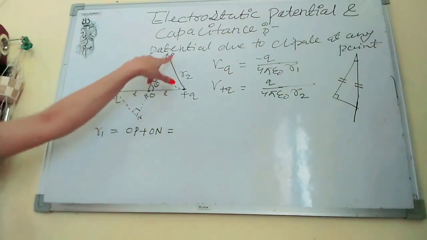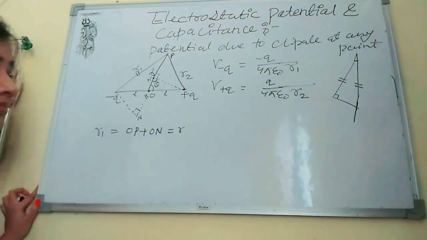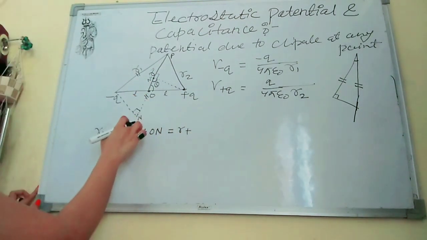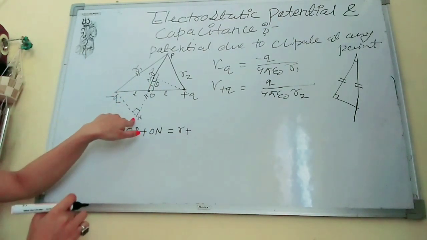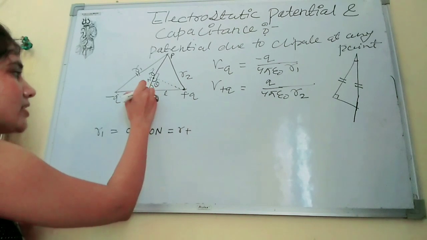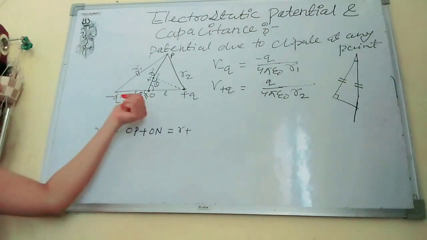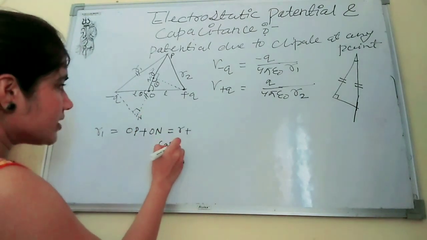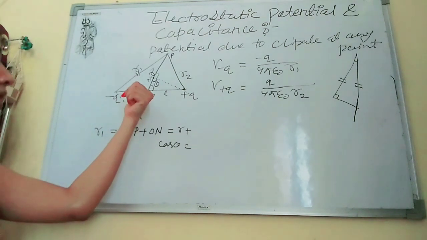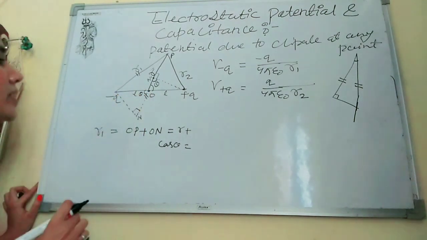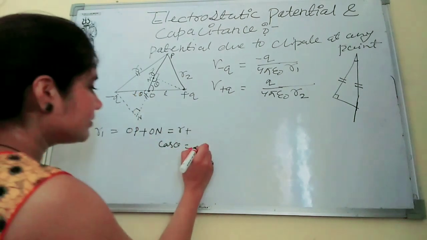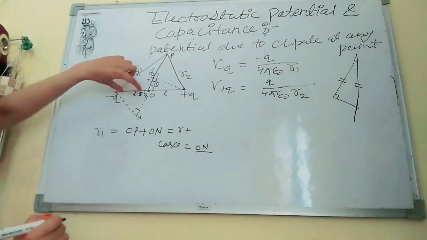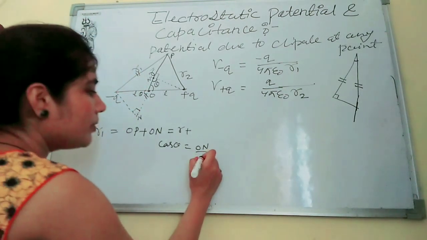So here the value of OP is r, the position vector r, plus how will we find the value of ON? Now this is a 90 degree angle, and if this is theta, then this is also theta. Now we apply the trigonometric concept: cos theta equals base upon hypotenuse, where the base is ON and the hypotenuse is this line, that is L. The measurement from this to this is L, so we simply put L here.